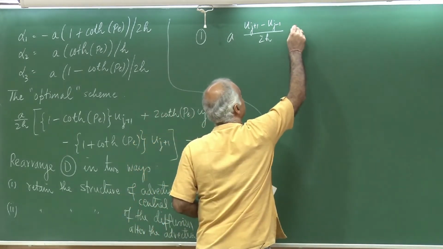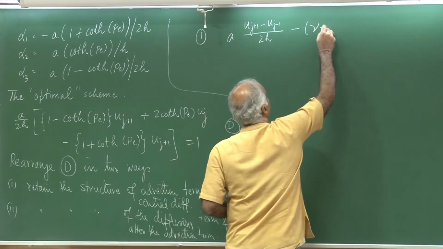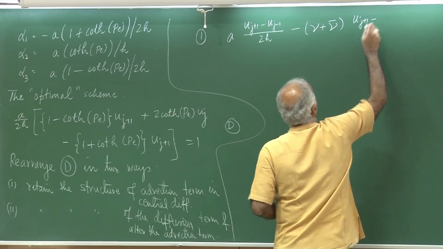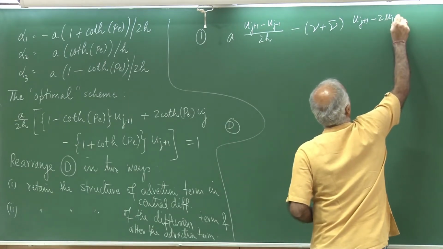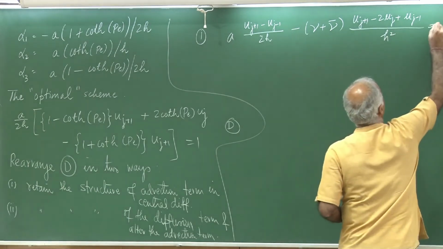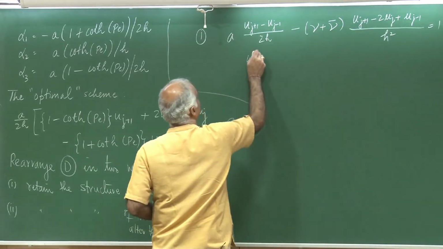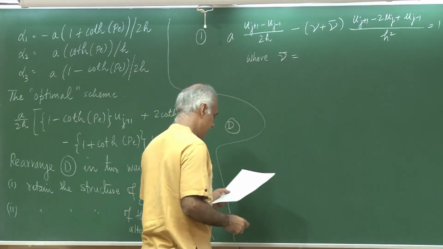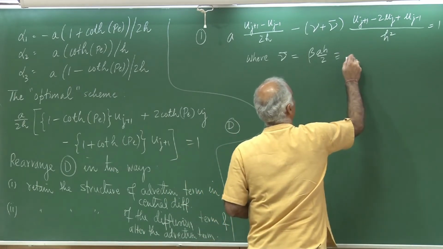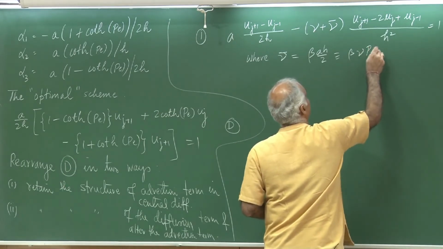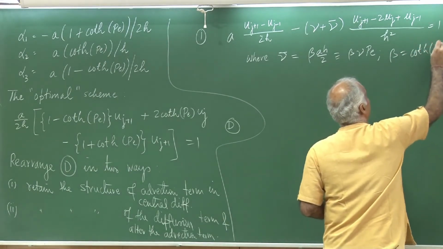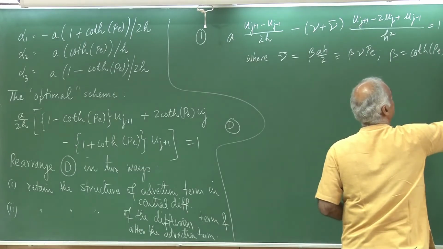But the second term, the diffusion term, we are going to write it as nu plus nu bar, and the diffusion term is uj plus 1 minus twice uj plus uj minus 1 divided by h square, is equal to 1, where nu bar is given as beta A h by 2, which of course can also be written as beta times nu times the Peclet, and beta is defined as cotangent hyperbolic of Peclet minus 1 over Peclet.